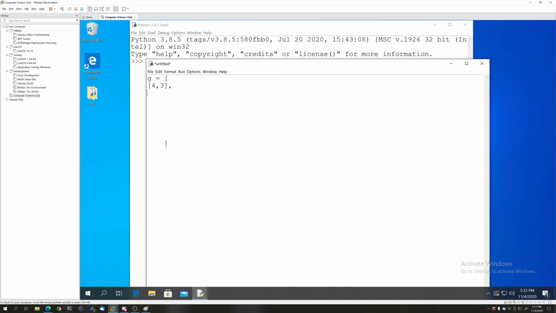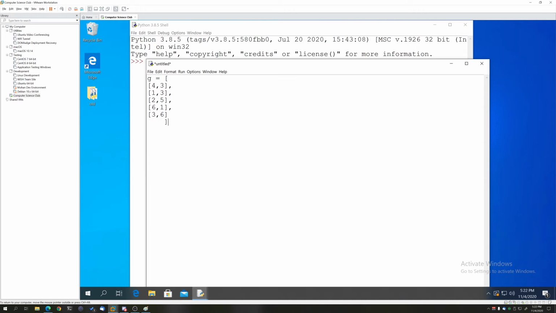Then edge 2 is going to be 1, 3. Then edge 3 is going to be 2, 5, 6, 1, 3, 6, and 3, and that's it. All right, so does this make sense? This is very simple.